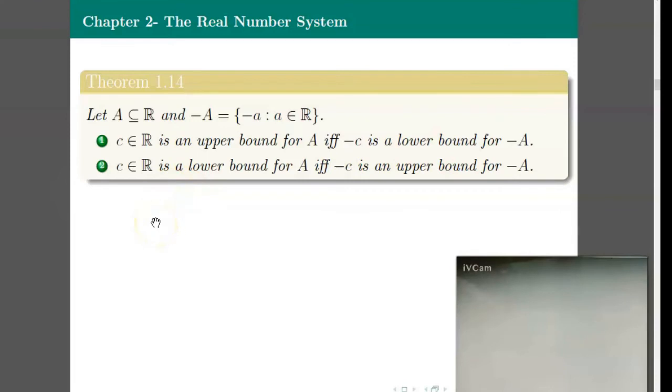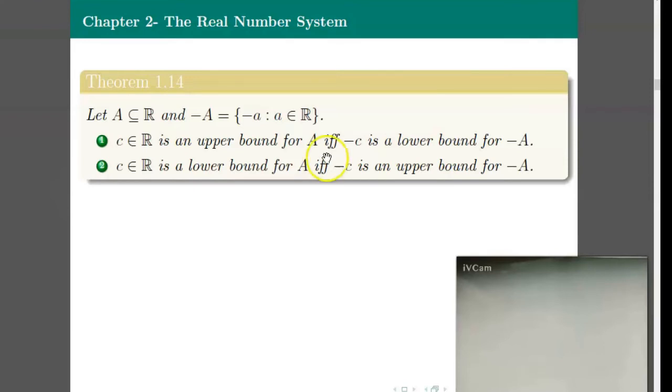So we will prove first number 1. Take note here that we have an if and only if statement, the necessary and sufficient conditions, in which we are going to prove two statements here.